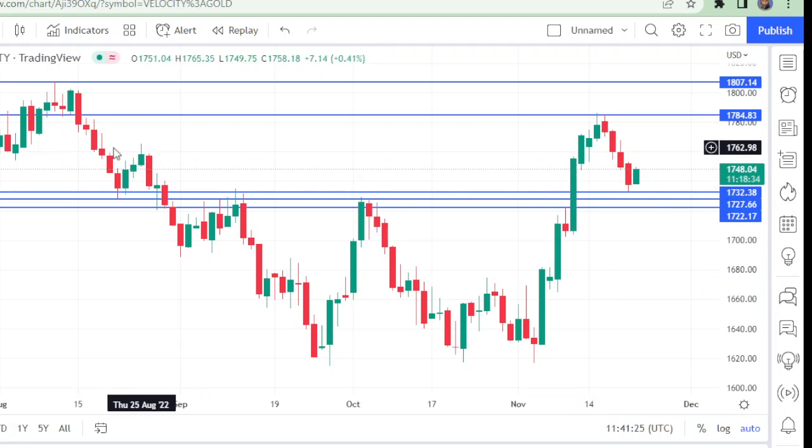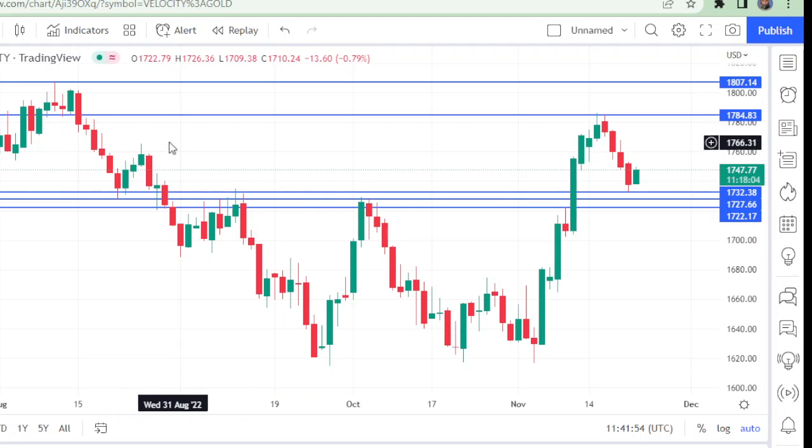Now this is no more a level. This is broken already. This is broken and this has been retested. This resistance has been used as support.